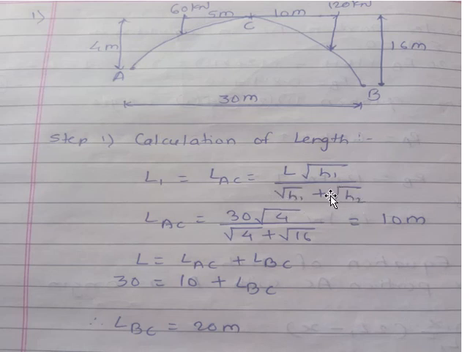Put the values: L = 30 meter, H1 = 4 meter, and H2 = 16 meter. You can easily calculate the length AC, which is equal to 10 meter. You know that L = LAC + LBC. Put the value of AC in this equation with L = 30 meter, and you will get the length BC, which is equal to 20 meter.